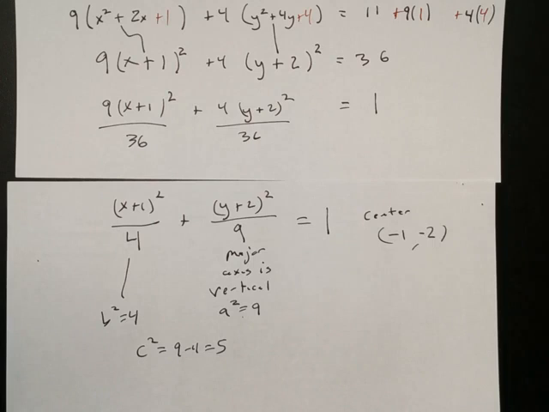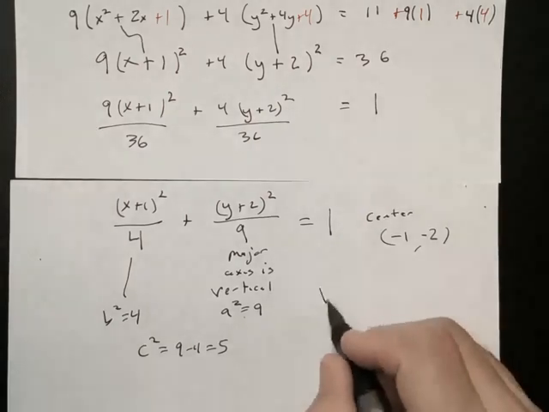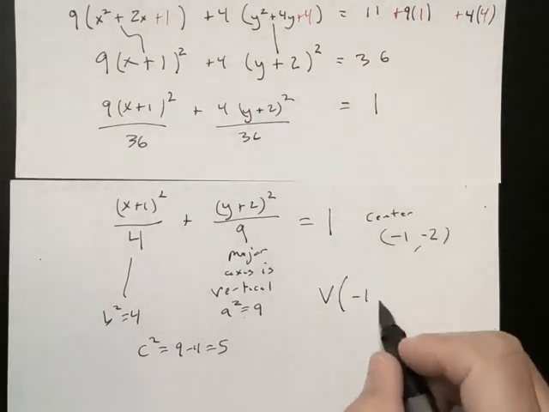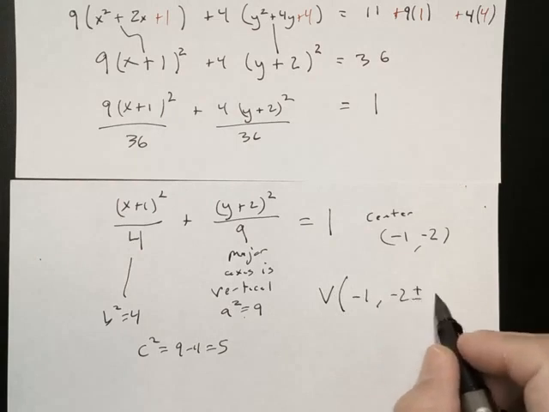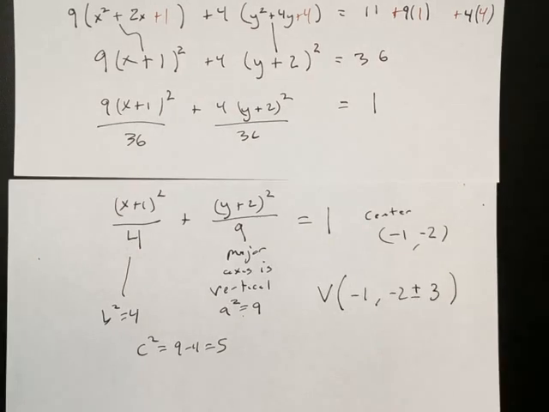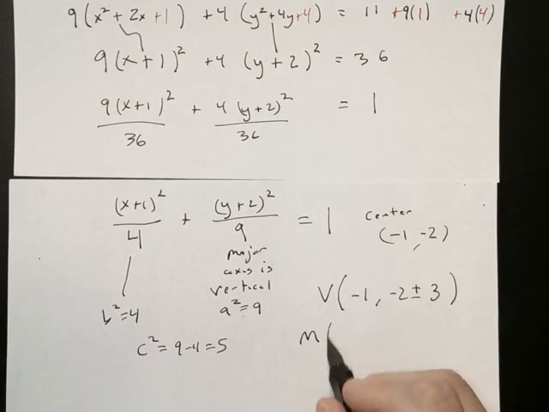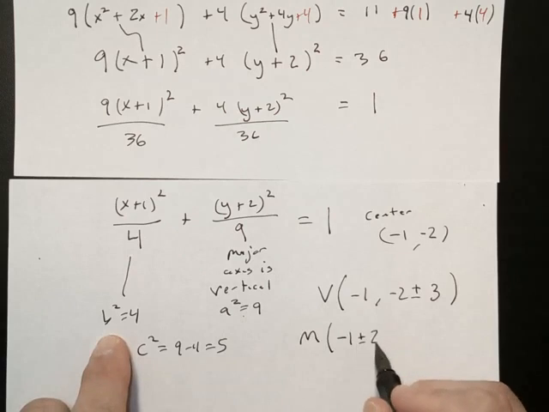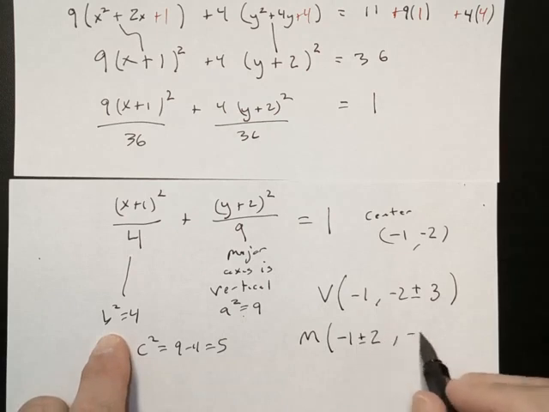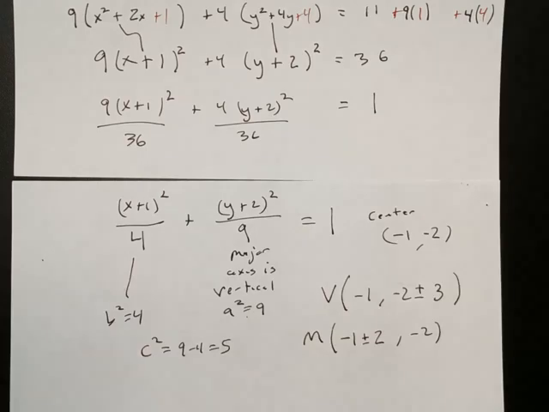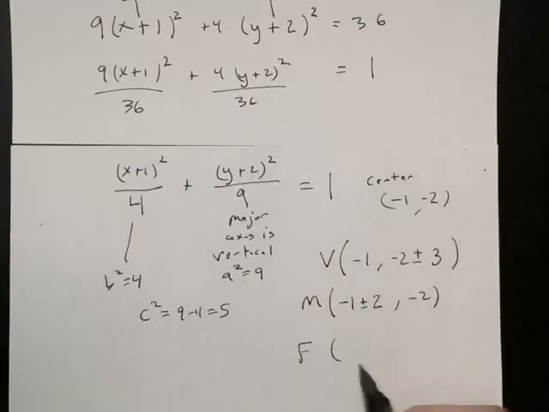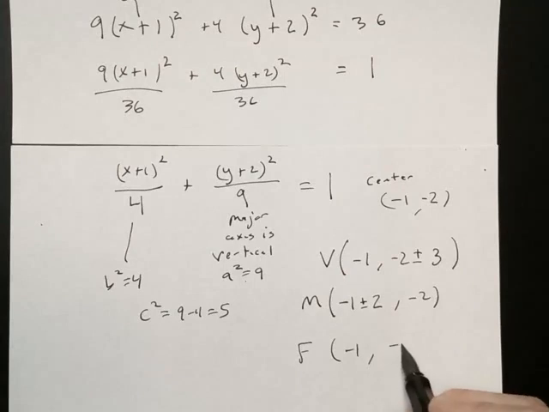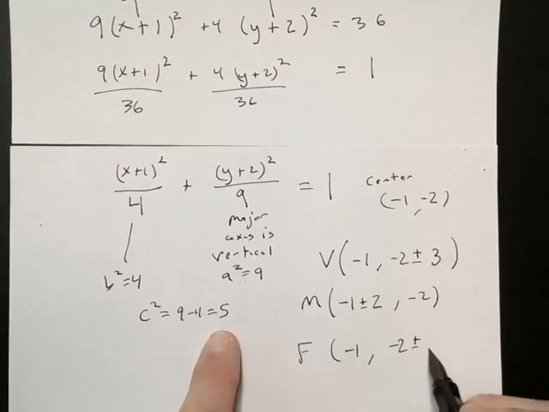That's what you told me, by A. So the vertices go up or down by A. The minor points go left or right by B. And the foci, the same way as the vertex, go up or down by C.